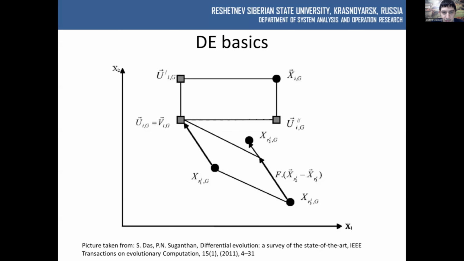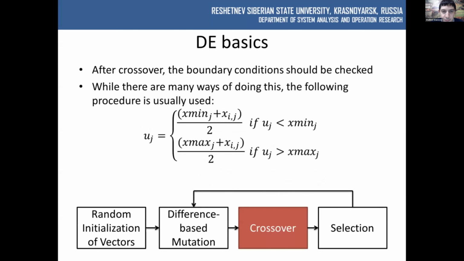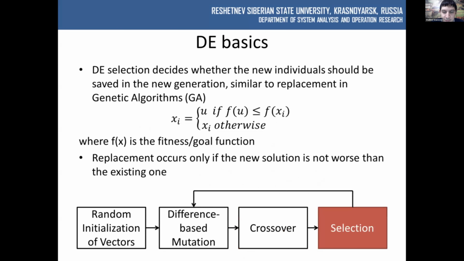With crossover, you can get one of three points that are shown with squares. Next, we also usually use some kind of boundary condition checking, because we do not wish to search outside of our boundaries, but this is not really important. And the last step is selection. If our new individual is better than the old one, we just replace it. So very, very easy.